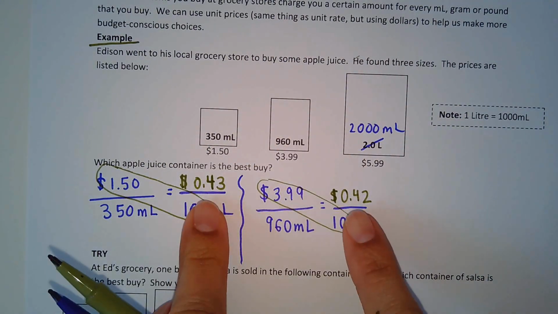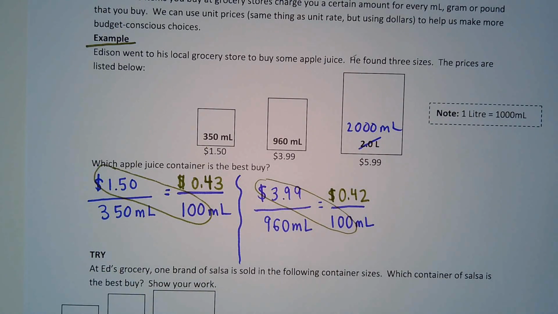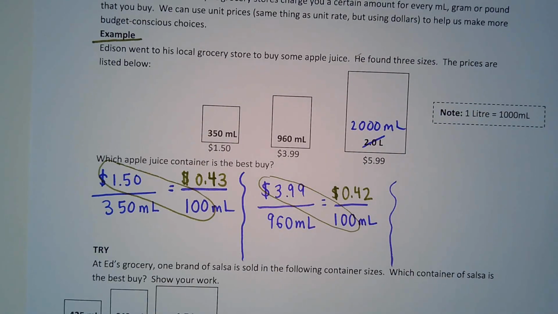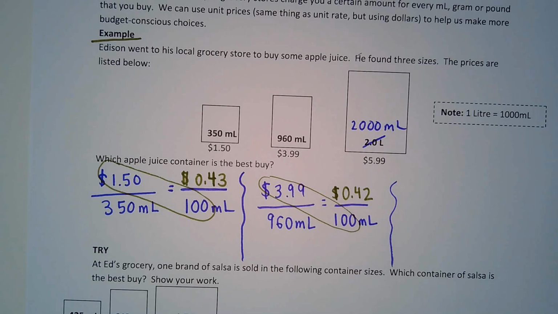So you can see they're quite similar. So very important that you're rounding up your decimals or leaving them as is when you need to.